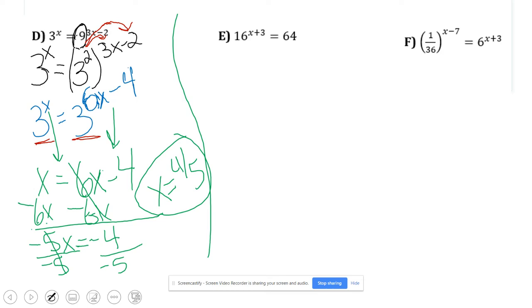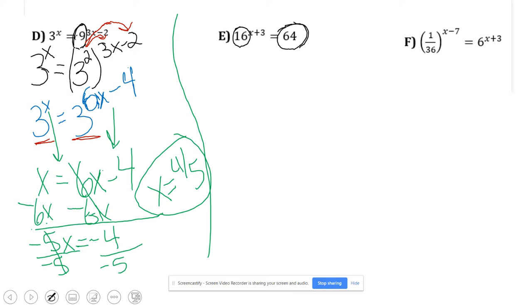Letter E. I have 16 and 64. Well, can I change 64 into 16 squared or 16 cubed? And the answer to that is no. That's going to be too big of a number. So I need to bring down both of these to a smaller number.